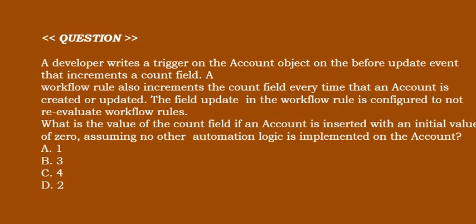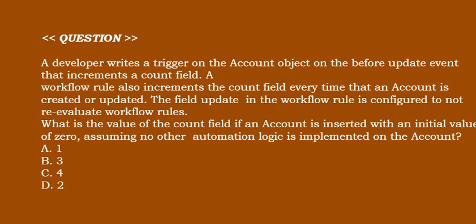Next question is a developer writes a trigger on the account object on the before update event that increments a count field. A workflow rule also increments the count field every time that an account is created or updated. The field update in the workflow rule is configured to not re-evaluate workflow rules.